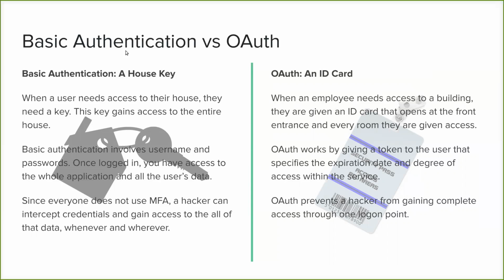So with basic authentication, if you think of it as a house key, a user to get into their house needs a key. And this key, once you open the front door, gives you access to every single bedroom in the house. And basic authentication works the same way. You have a username, you have a password, you log into the website, and you gain access to the whole application or all of your users' data.